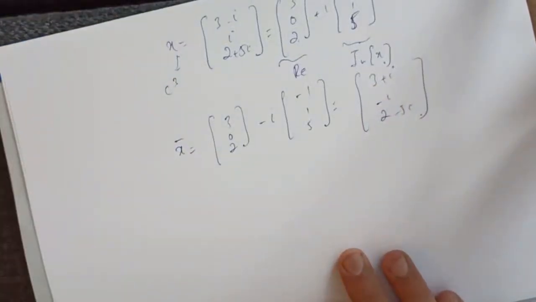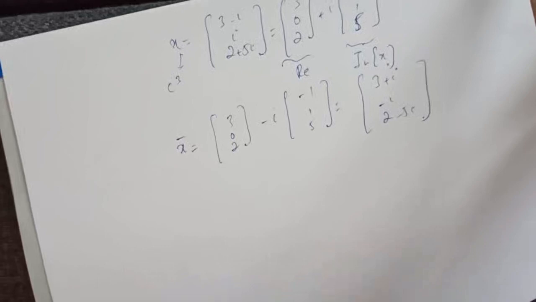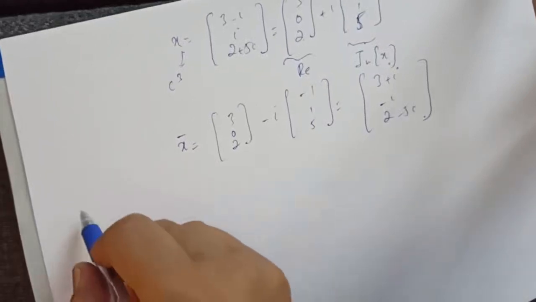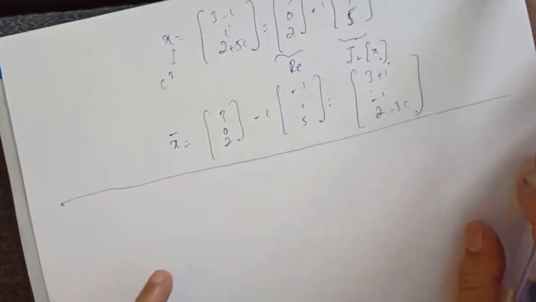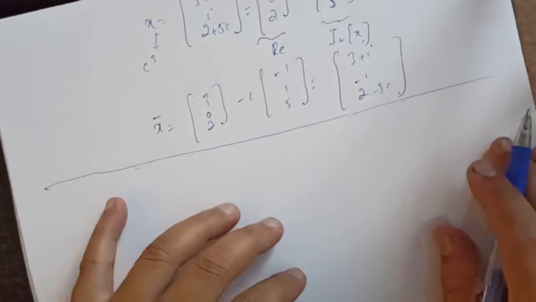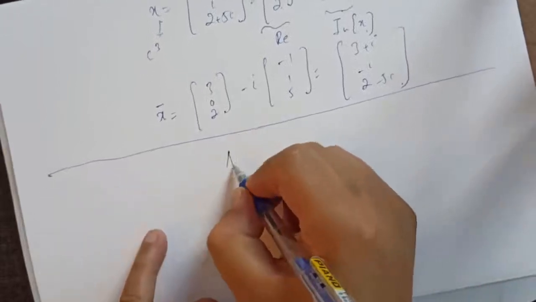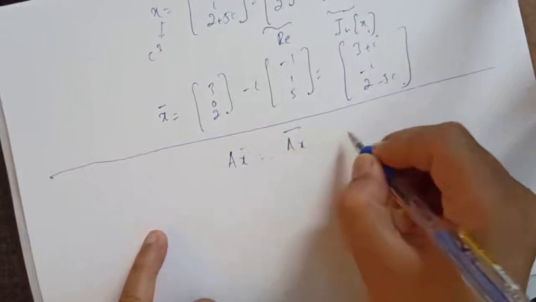Now similarly, we can write the eigenvalues and eigenvectors of a real matrix A, with x in C^n, like that. So it means A x bar is nothing but the conjugate of A x.